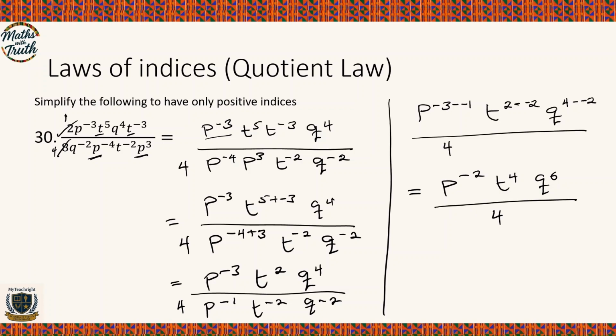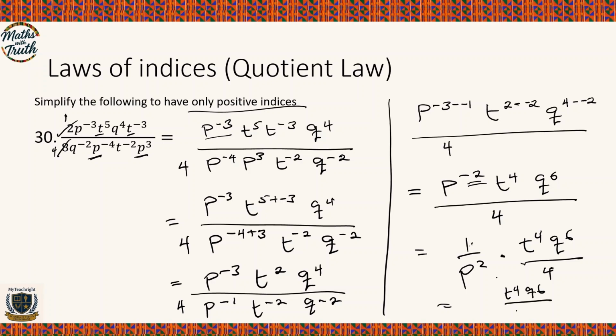But again, we only want positive index, so we eliminate this negative index by applying the negative index rule. And that is equal to 1 over p squared times t exponent 4 q exponent 6 all over 4, which can be more nicely written as t exponent 4 q exponent 6 divided by 4p exponent 2.